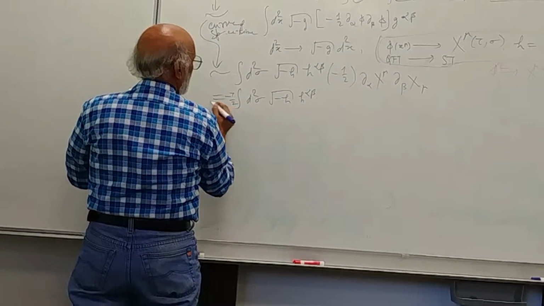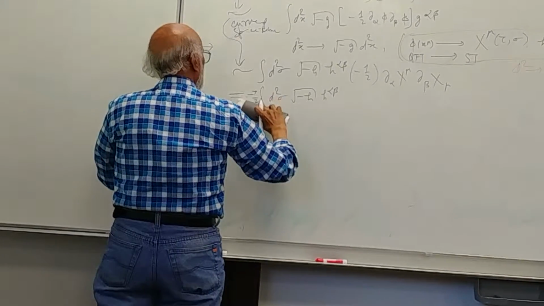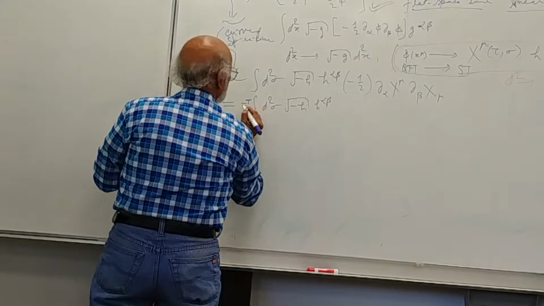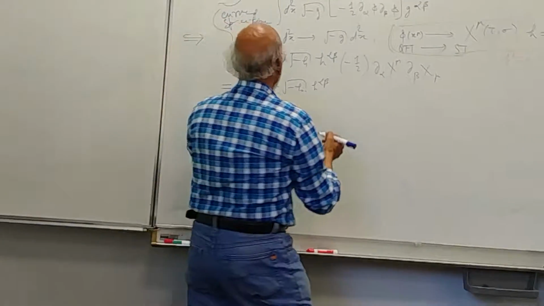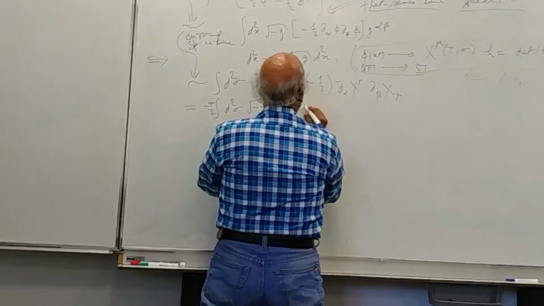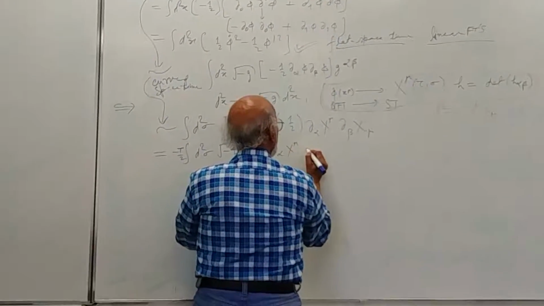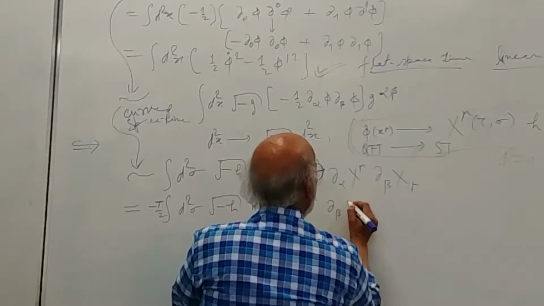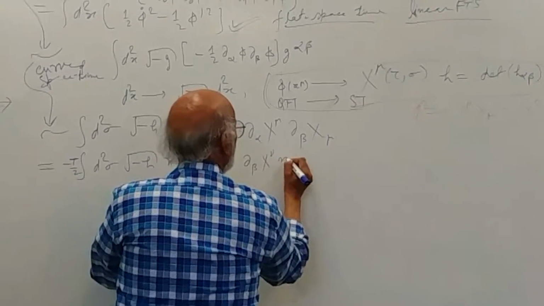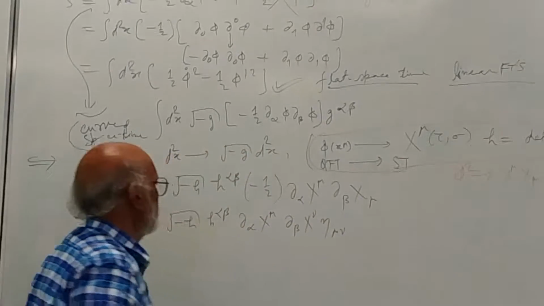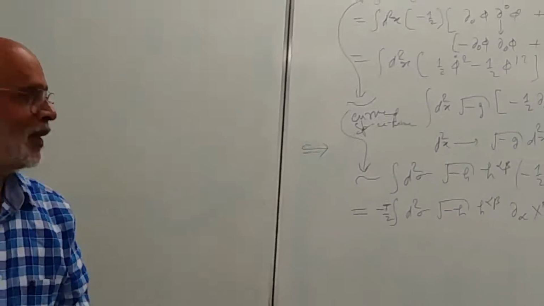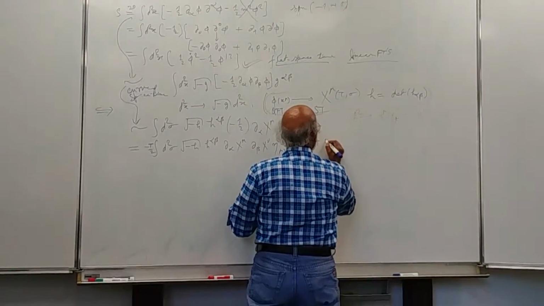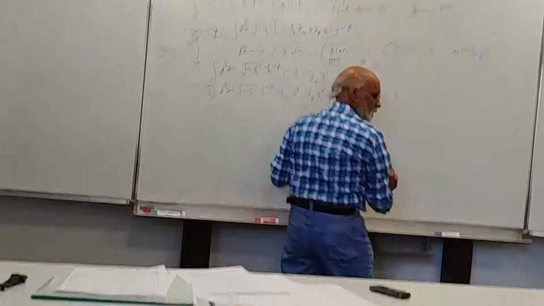So here I could put a vector of string tangent and h alpha beta, and now I could write del beta x mu eta. And this is then my proper Polyakov action for the string theory.